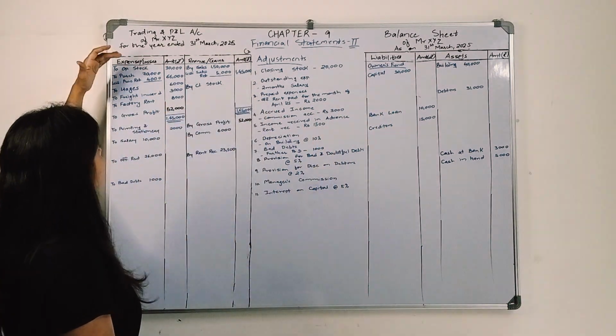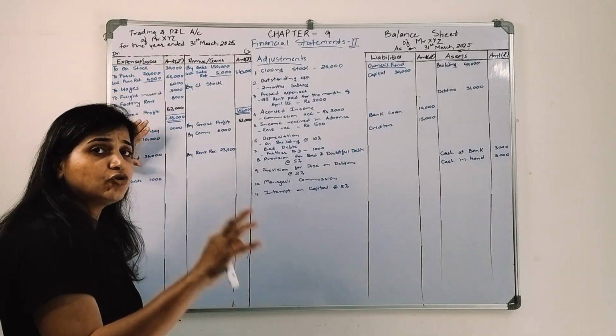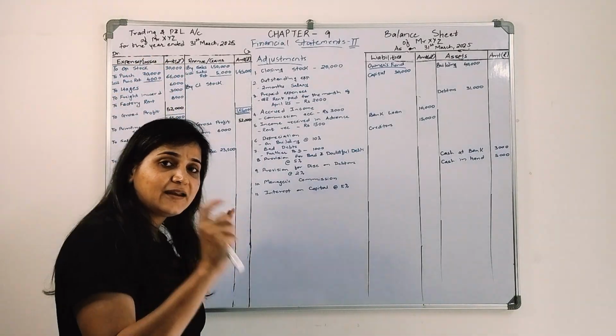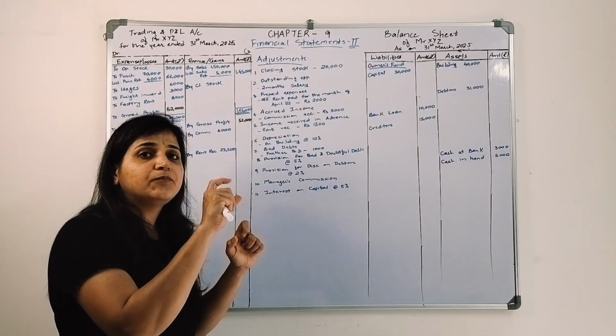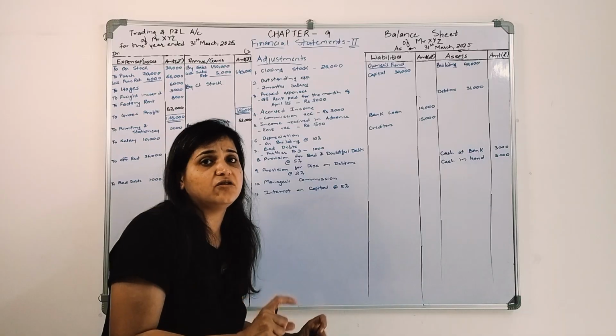So obviously the first part consists of the trading account, wherein we show the direct expenses and direct income. Why? Because they relate to the primary operation of the business.